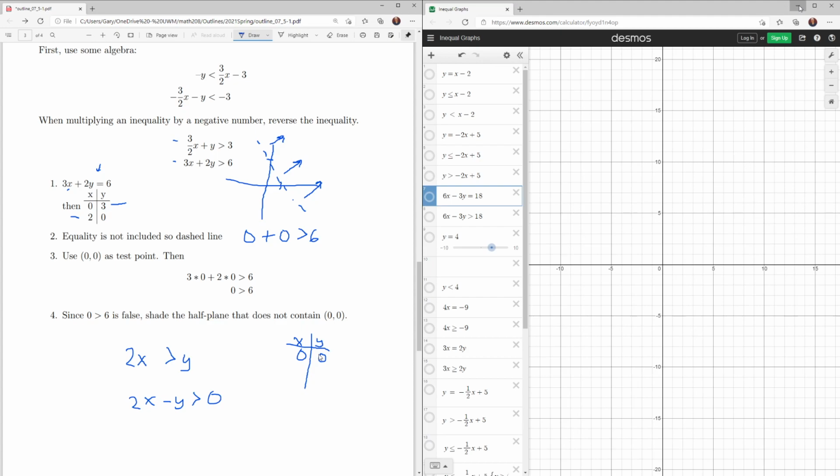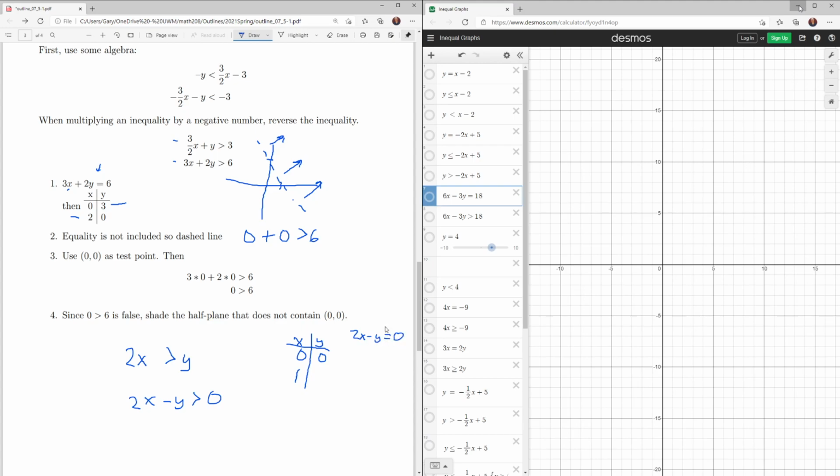You need another point, right? Let's pick another point. Let's say x equals 1. What I'm solving here is the 2x minus y equals 0 case.